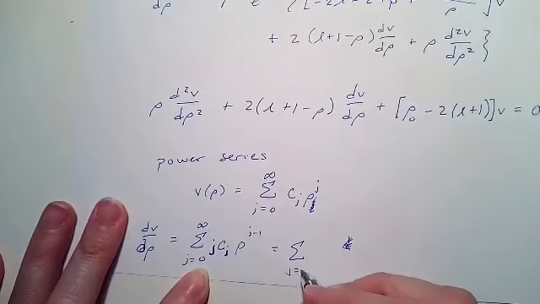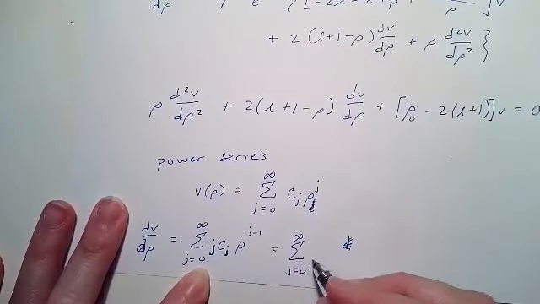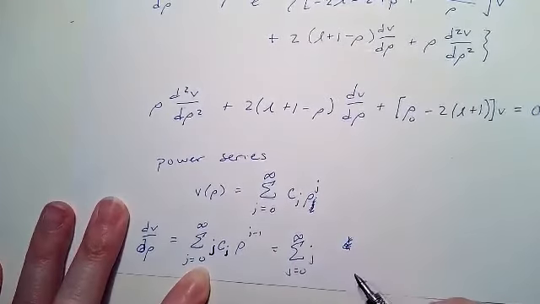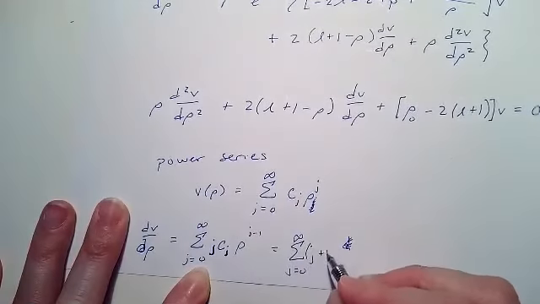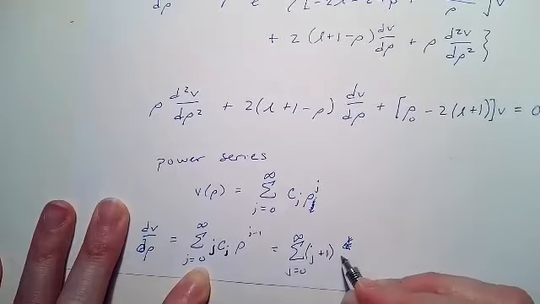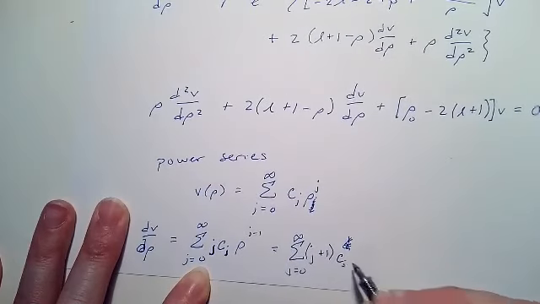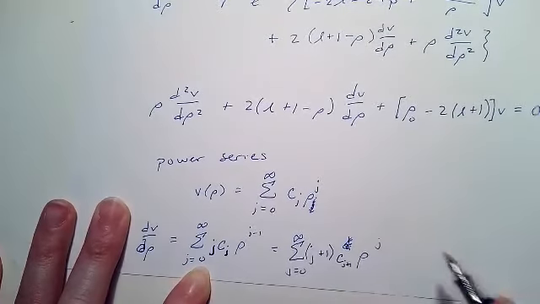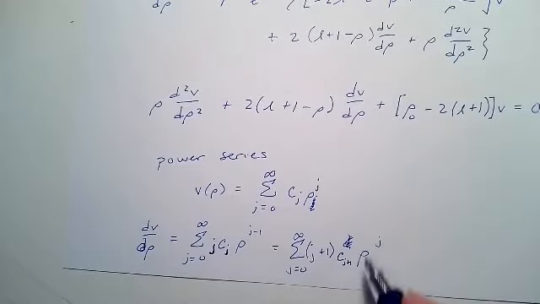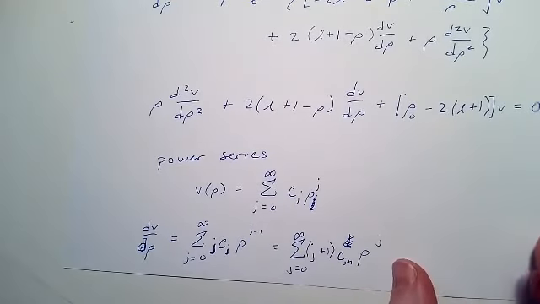So I've got, still counting from j equals 0 to infinity, instead of j, j plus 1, c subscript j plus 1, and then rho to the j. All right, so we just rename the index to go from here to here, which works out. Okay, so that's our first derivative.